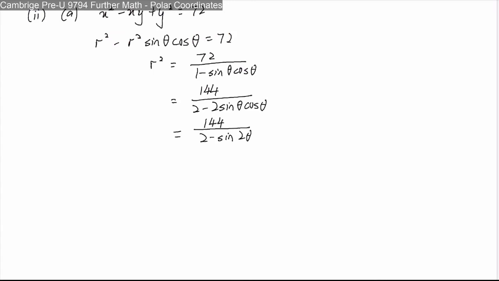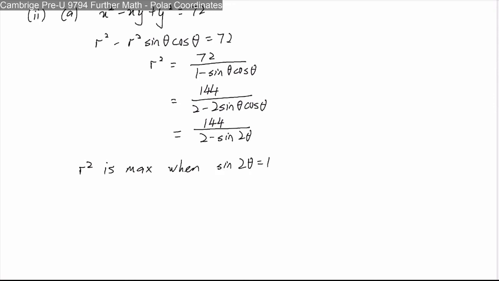Because r squared is only depending on the sine 2 theta, and the sine 2 theta is in the denominator, we need to have the minimum denominator in order to give us the maximum r squared. So r squared is maximum when, of course, we want to have the sine 2 theta take the least value in the denominator. In this case we have a negative sine 2 theta, so in order for us to get the maximum value, the sine 2 theta must be 1.